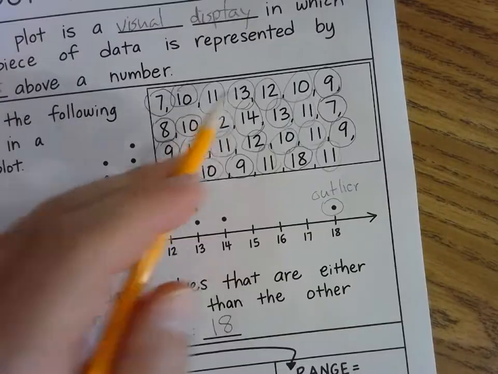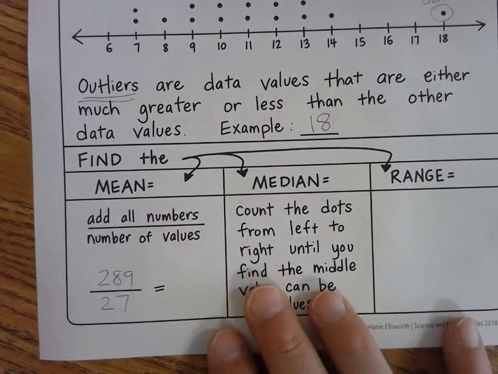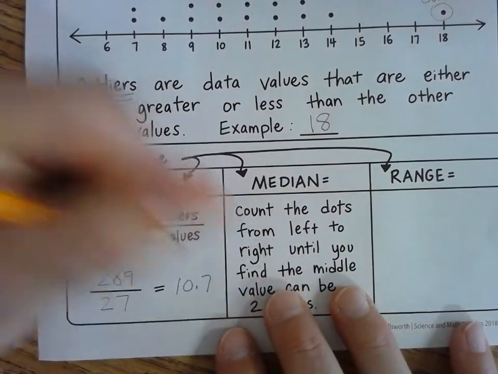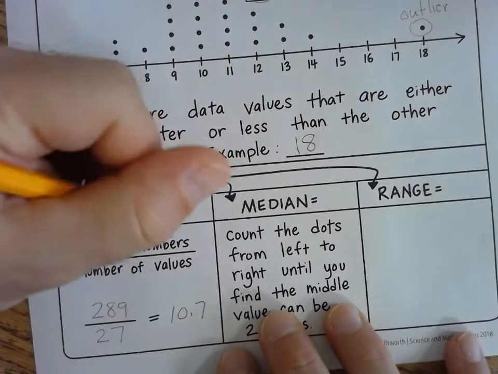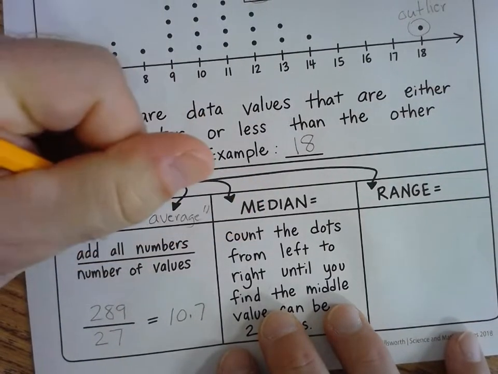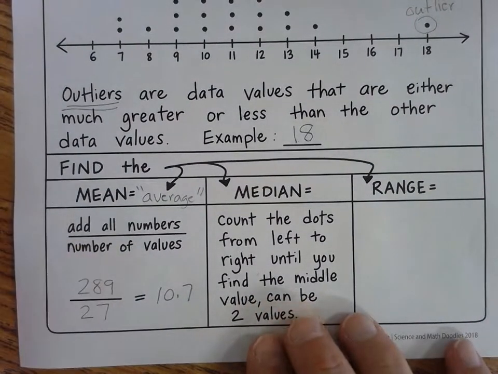And the amount of numbers that I have, if you count them all up, there's 27. So if I do the division there, I'm going to come up with 10.7. So my mean or my average, let's put average here too, because that's what mean means, average, would be 10.7.